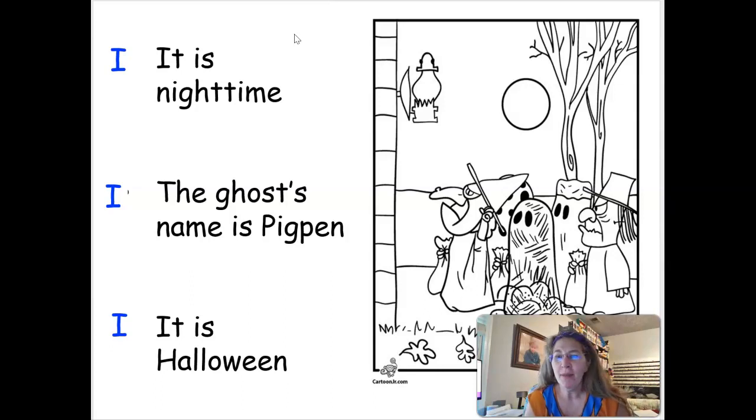The ghost's name is Pigpen: if you recognize these as the Peanuts characters, Snoopy and Charlie Brown, then you made an inference that Pigpen was the ghost. And it is Halloween: based on what you know about kids standing at a door dressed up in costumes, that happens at Halloween. But it could be a spoof. It could be the middle of December and kids could just be running around having fun.